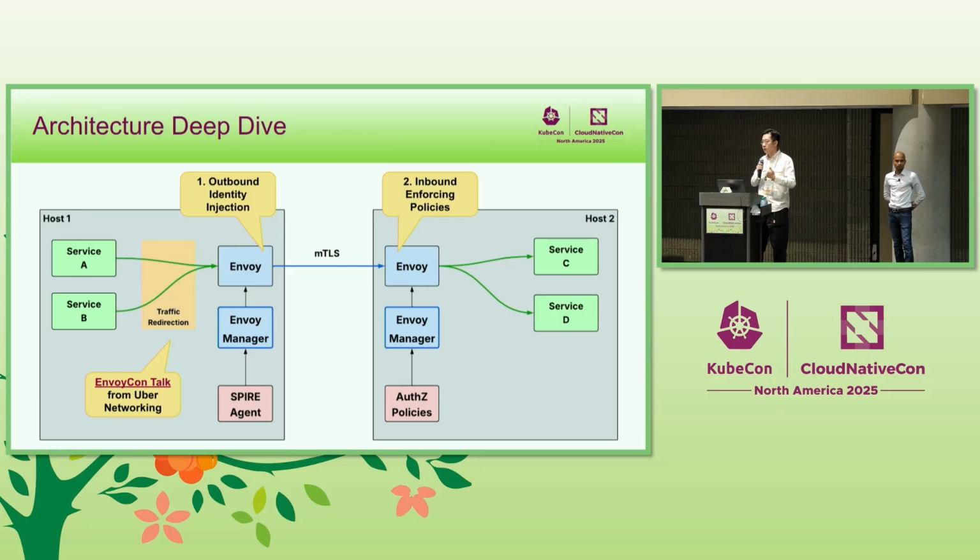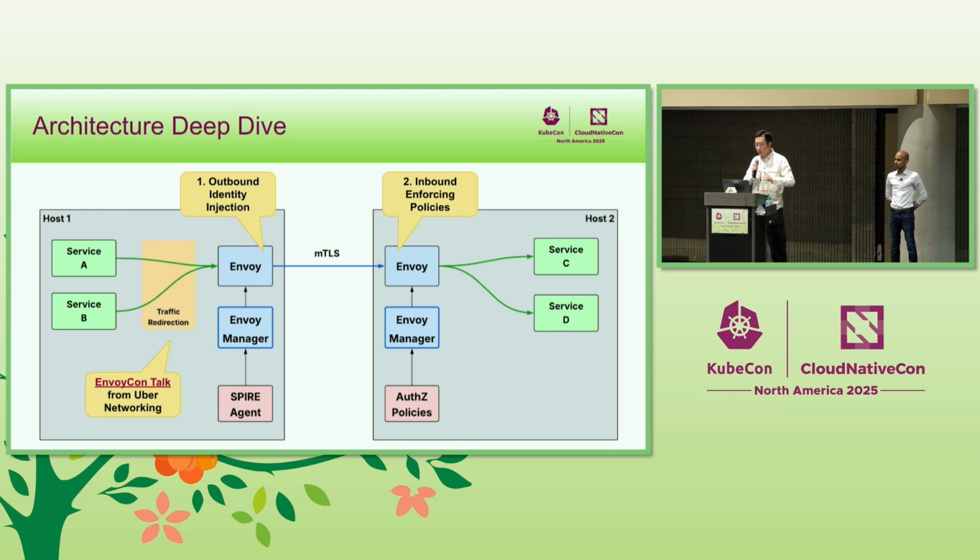We only forward the traffic to the destination service if it is fully authenticated and authorized. We will be focusing on the outbound and inbound functionality in this talk because that is most relevant to security. But if you are interested in the traffic redirection, you can look at the Envoy talk given by our awesome networking team, and it covers that part in great detail.